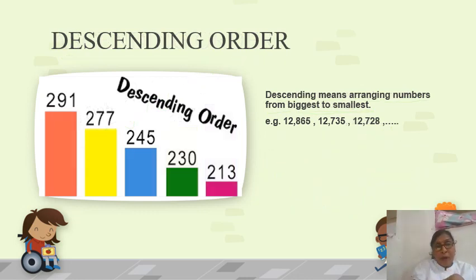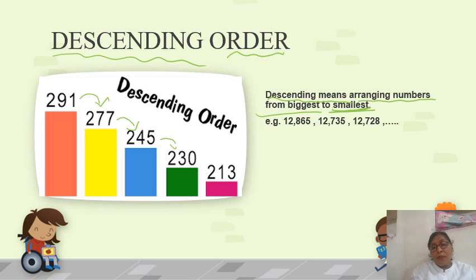Now comes descending order. Descending means arranging numbers from biggest to smallest. Here in this picture we see 291, 277, 245, 230, 213.